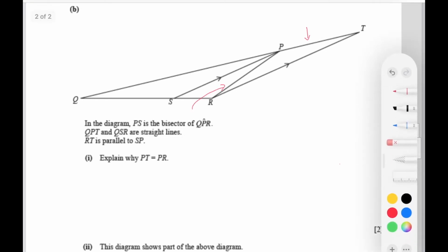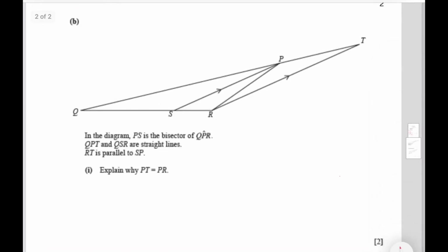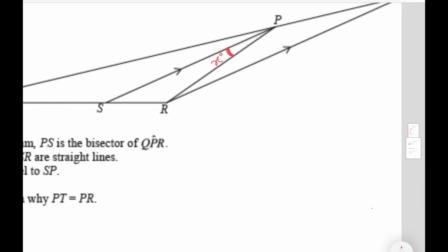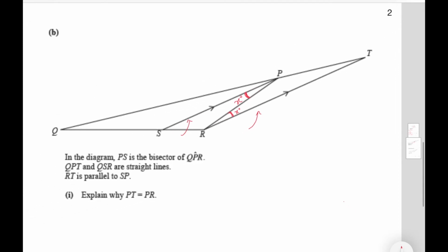So let's look at the angles first. If, for example, I say that this angle right here is X degrees. Let's zoom in a bit. This is X degrees. If this is X degrees and SP is parallel to RT, that means this would also be X degrees. So we have one of these angles, let's call it X. QPT is a straight line.